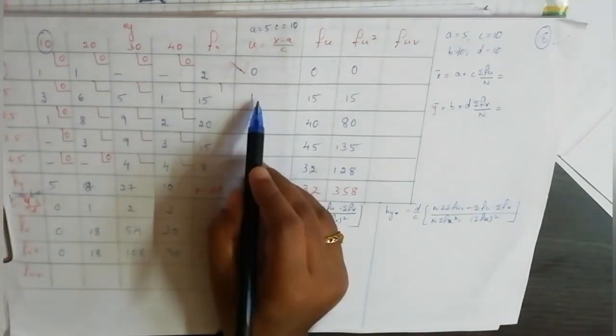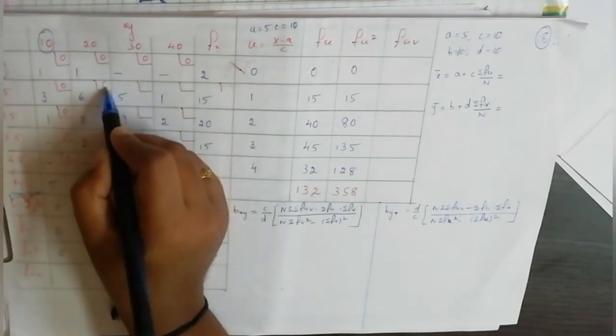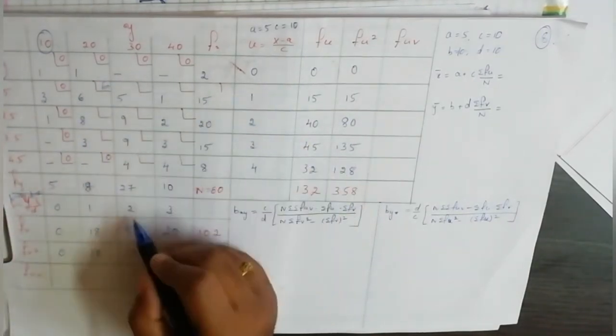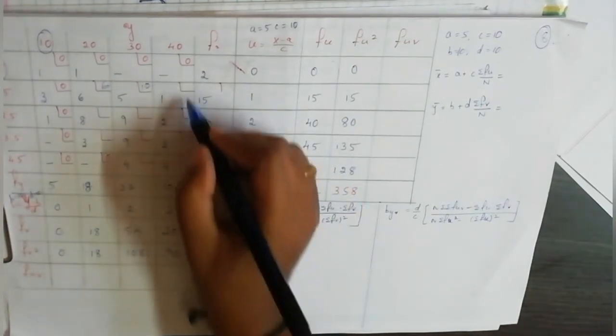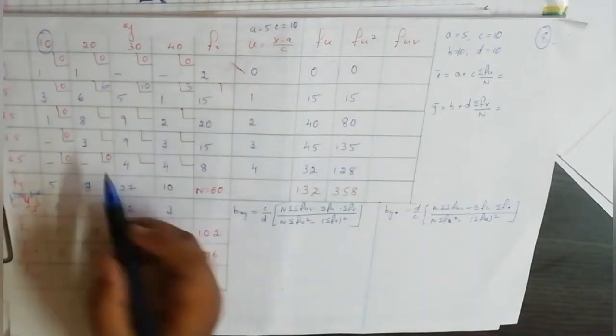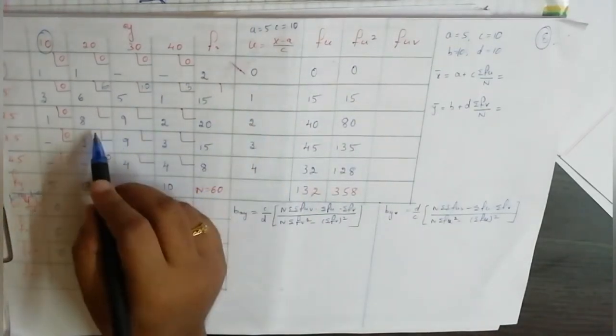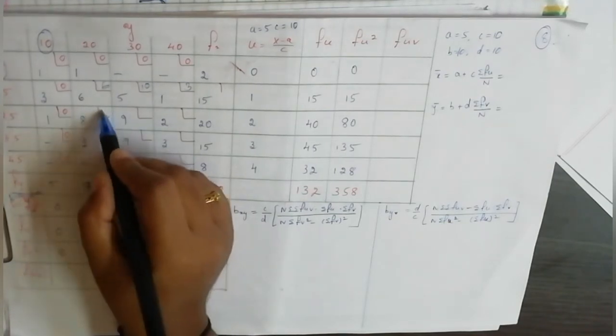6 into 1 is 6, 5 ones are 5, 5 twos are 10, 1 ones are 1, 1 threes are 3. Next here, 8 twos are 16, 16 ones are 16.